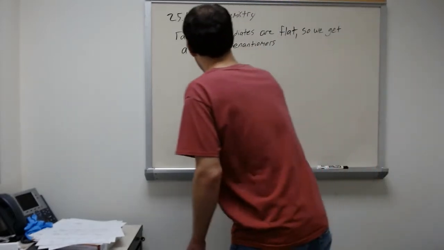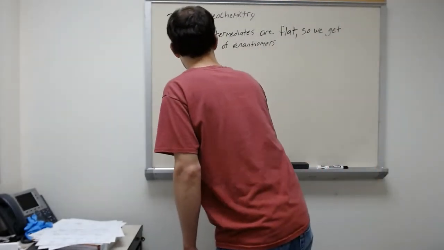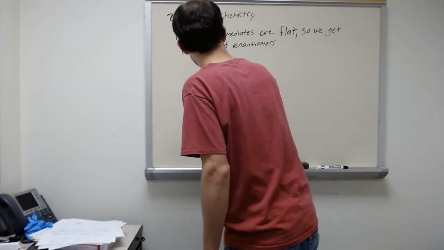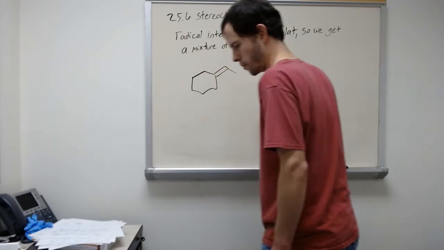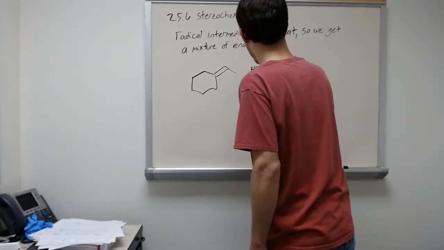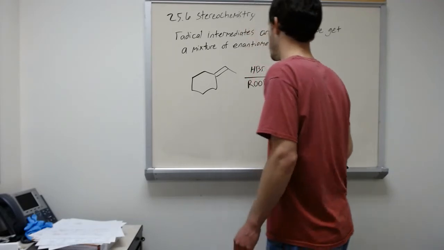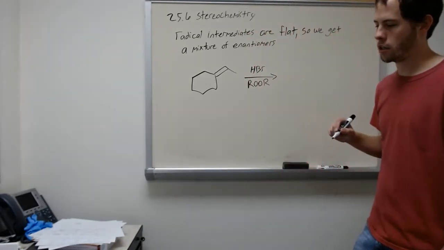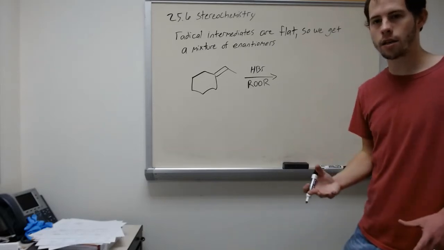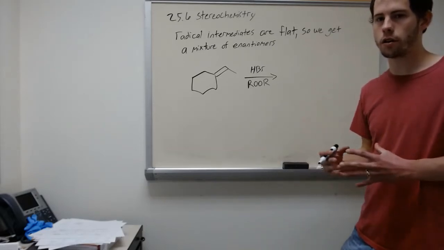So if we take this alkene shown here, and we throw in HBr and peroxides, then we're going to get addition of the bromine to the less substituted carbon, which we just talked about.